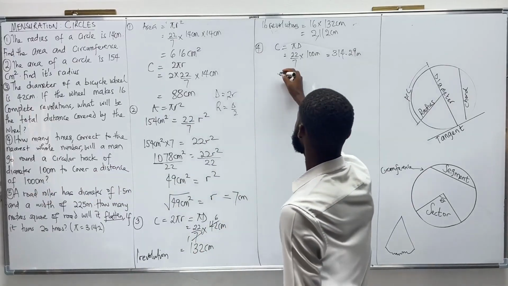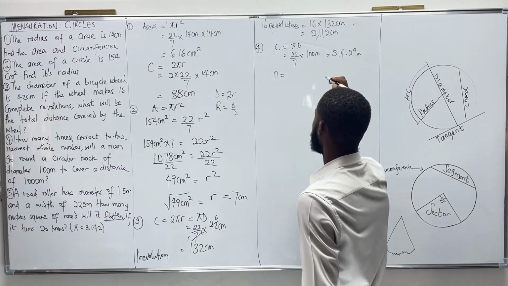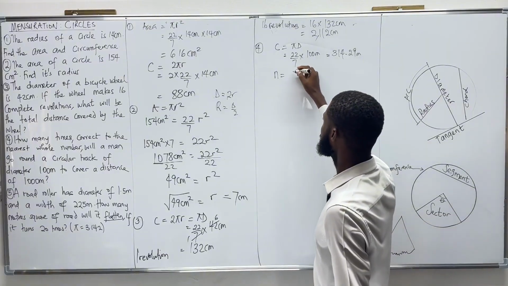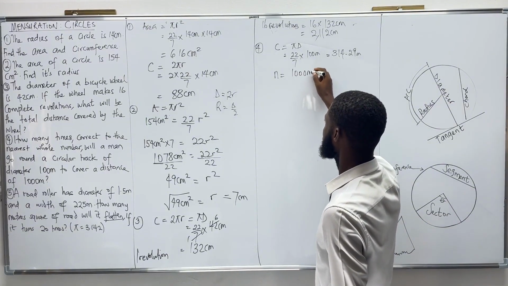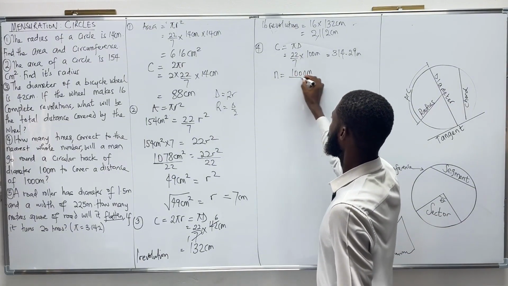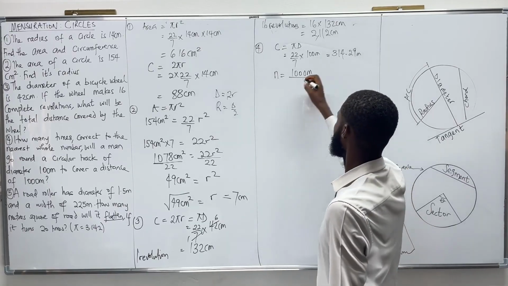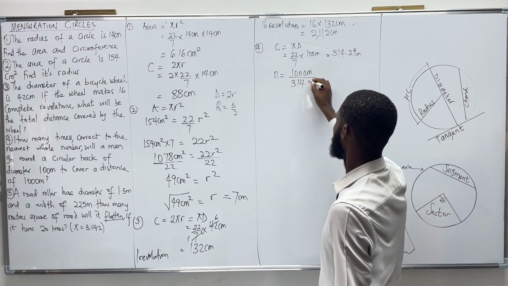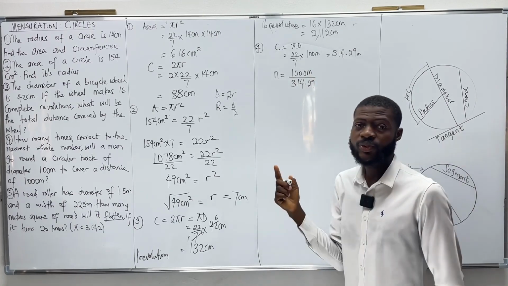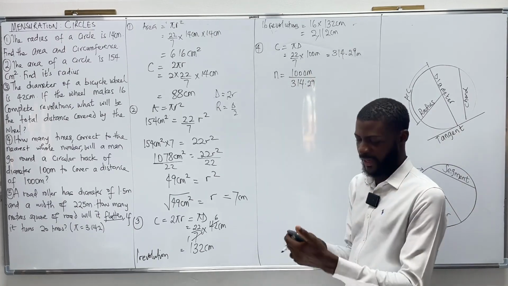Now that's very simple. We need him to cover 1,000 meters, and if he turns just once, he gets 314.29. So we're basically just doing 1,000 divided by this number.